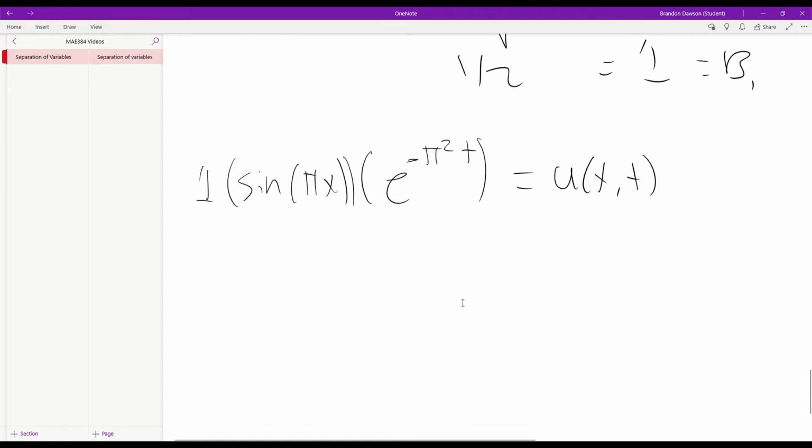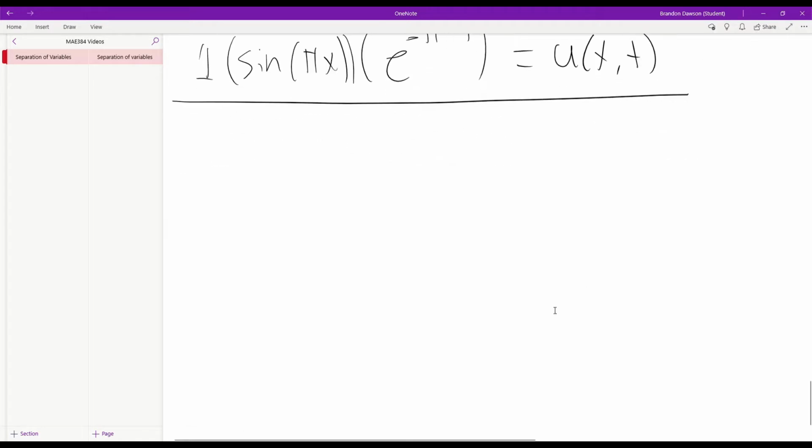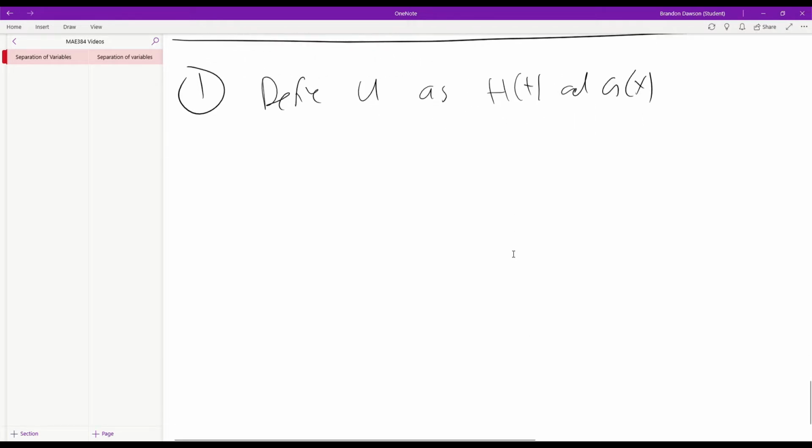Now, just to do a quick summary at the end of what I just did. First step, you define u, or your solution variable, as h of t and g of x. The h and g don't really matter, but you need to define them as two separate variables when you're trying to solve it.